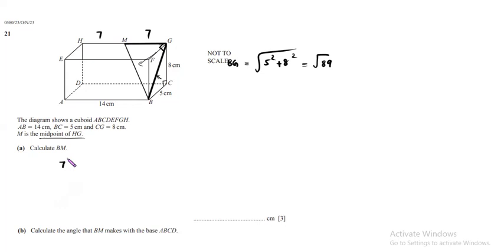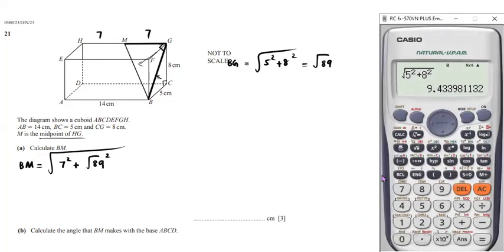So I need to square the 7, and square the value that I got here. I already got square root of 89, so I can put the square root of 89 and square it, or we can write the decimal answer and then square it. Then this entire thing should be square rooted for me to find what BM is. I'm going to put this in the calculator as square root of 7 squared plus the previous answer squared.